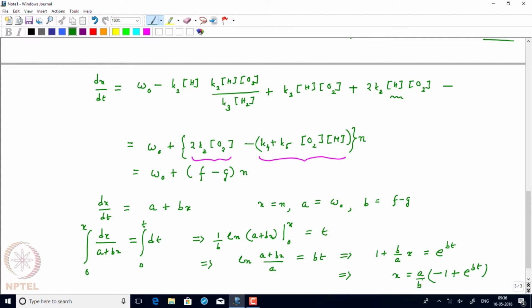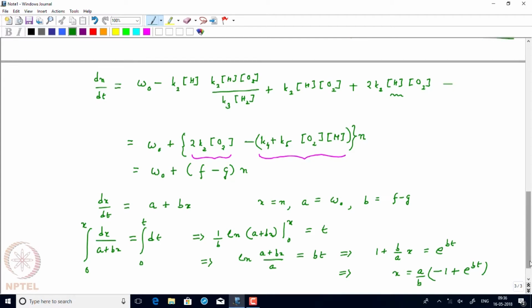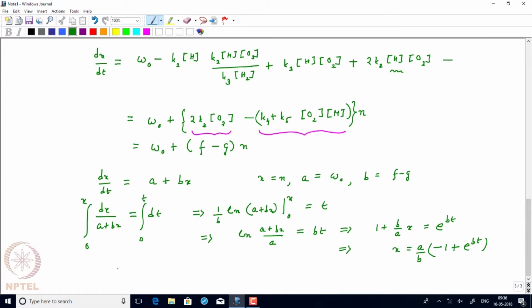So that way you can actually rearrange all these terms, and then what you will figure out is the solution here will be n is nothing but omega 0 divided by, so my b was f minus g, I'm just writing here as g minus f, and if I do that, then actually I will introduce one minus sign, and that minus sign gets cancelled with this minus sign. So I'll have plus 1 here, and also I'll have a minus sign here, and instead of b writing as f minus g, I'm writing it as g minus f. So I'll just write it as g minus f into t.